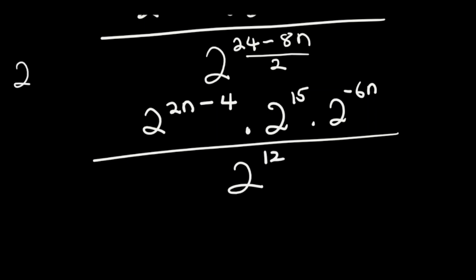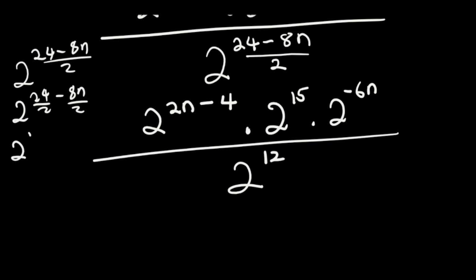If you can see, we're having 2 to the power of 24 minus 8n over 2, right? Meaning it's 2 to the power of 24 over 2 minus 8n over 2, right? Hence I'm saying it's 2 to the power of 12, because 24 divided by 2 is 12, and minus 4n, right? So it's going to be minus 4n here.